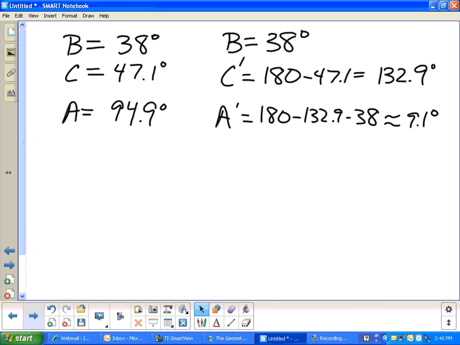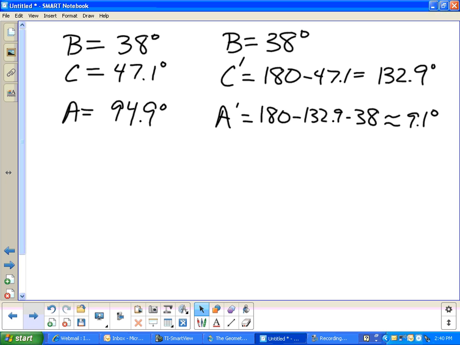So let's just talk angles for a second. Angle B is 38 degrees because they gave you that. Angle C we calculate from the law of sines using the inverse sine function. One possibility is it's 47.1. A second possibility is when you subtract from 180, angle C could also be 132.9. The sine of both of these numbers is exactly the same.